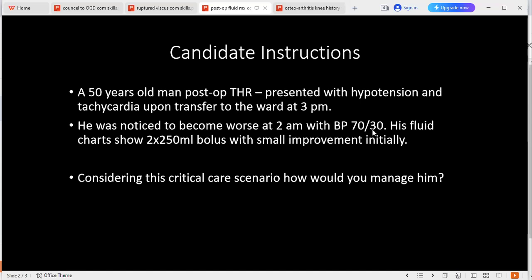Yes, they increase the systemic vascular resistance. As BP is the product of cardiac output and systemic vascular resistance, it acts on the peripheral vasculature and causes vasoconstriction. Okay. How would you calculate blood pressure? It is the product of the cardiac output and the systemic vascular resistance, or the total peripheral resistance.